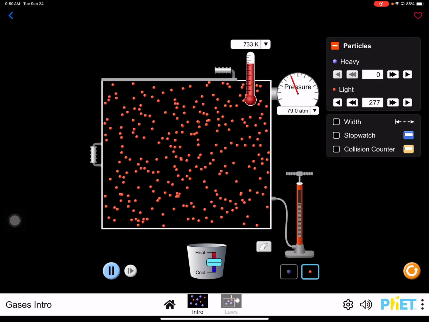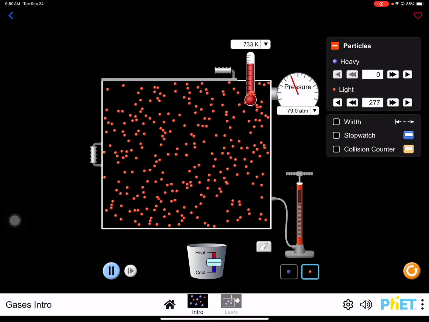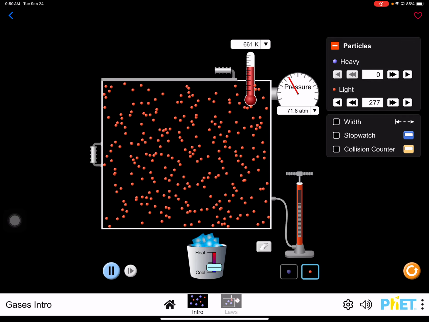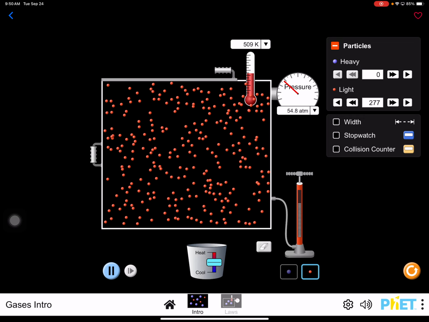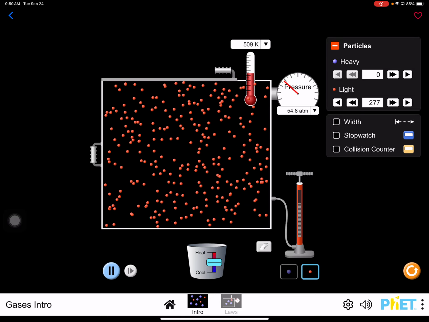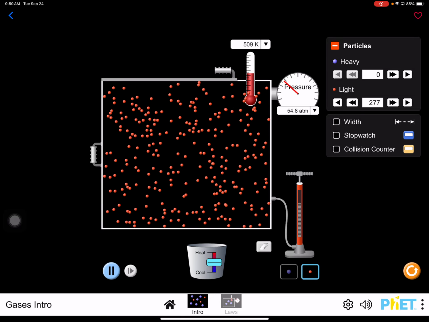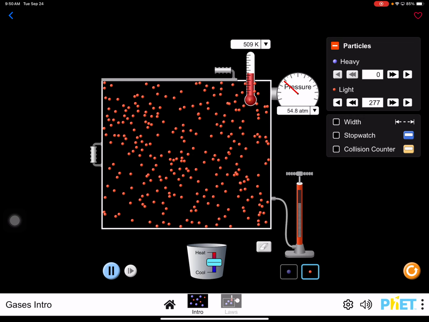Now let's do the opposite. Let me cool down the gas. As I cool down the gas, the temperature falls and the gas molecules are getting slower. If I cool down further, what will happen? The gas molecules will slow down further.